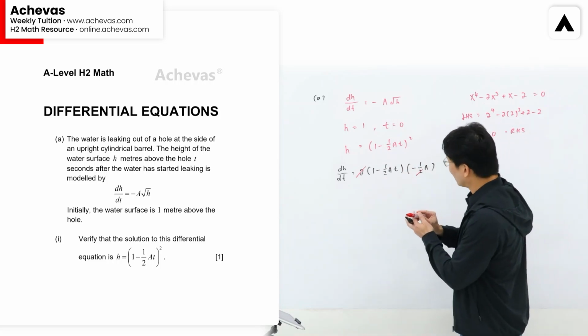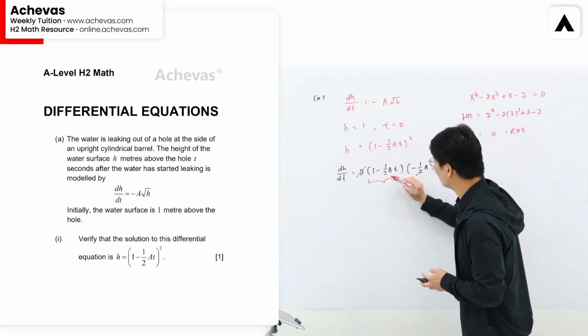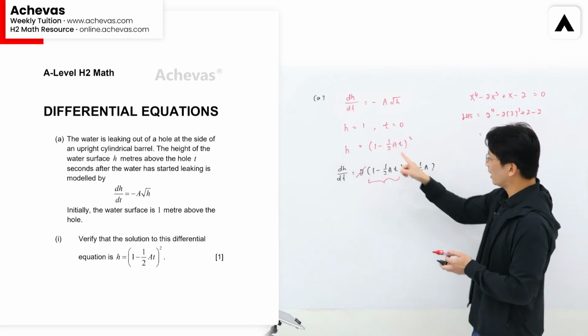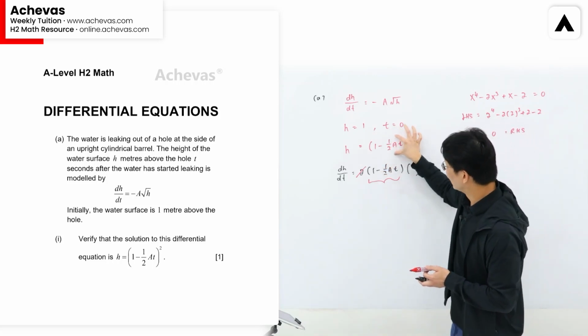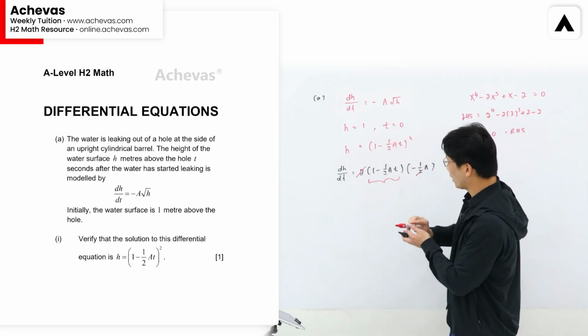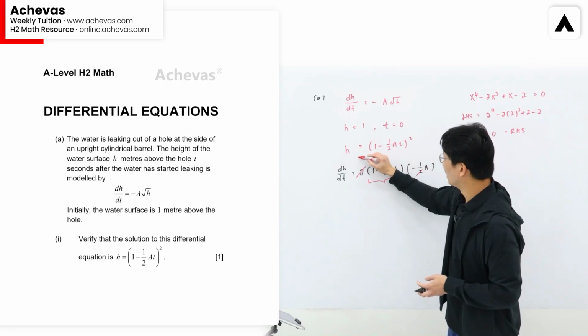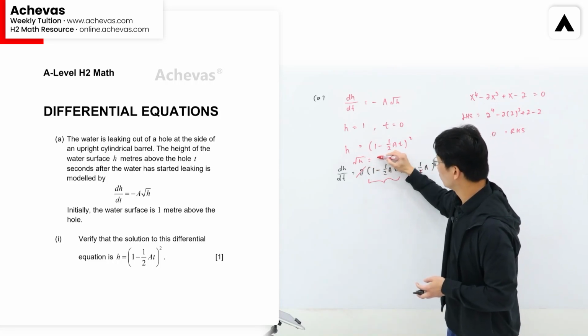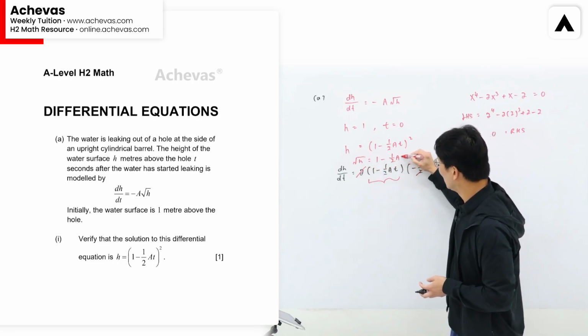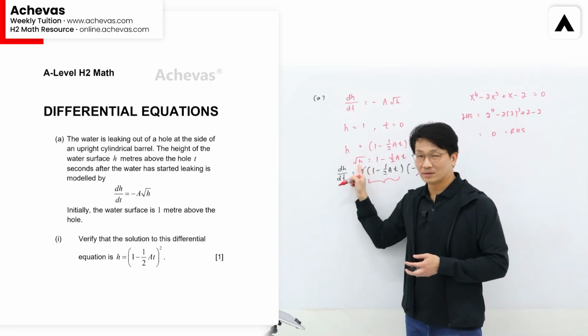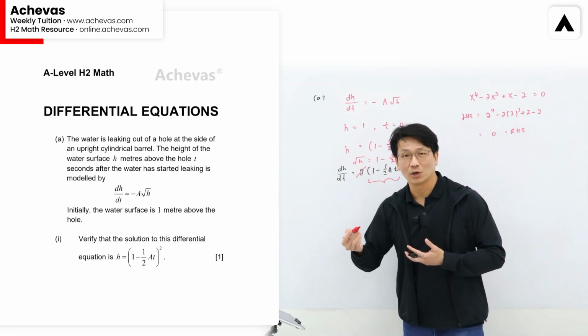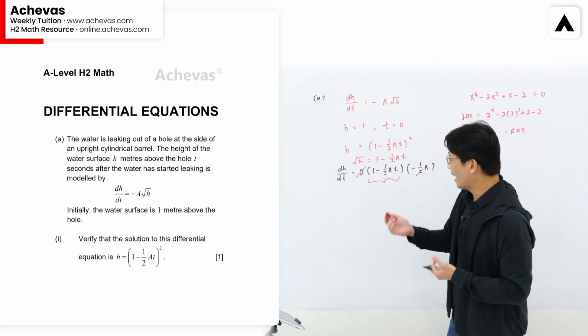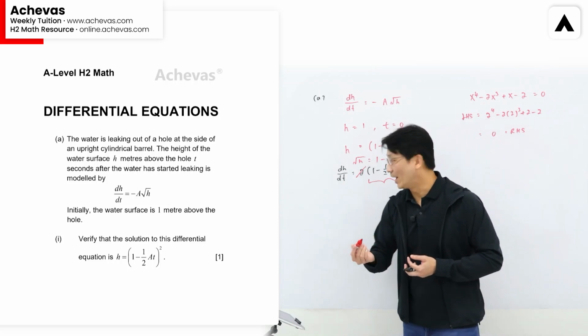I will just need to do a replacement for this particular term here, which I can make use of this because this is the same as this. So I just square root over to the left hand side. I'll get square root h equal to 1 minus half at. It is not necessary for us to put a plus minus because we are dealing with a height, and height must always be a positive value.